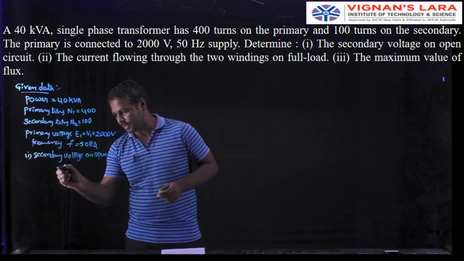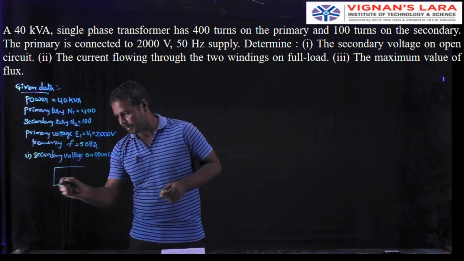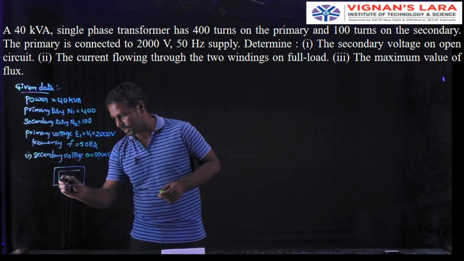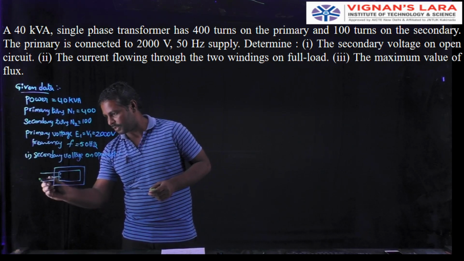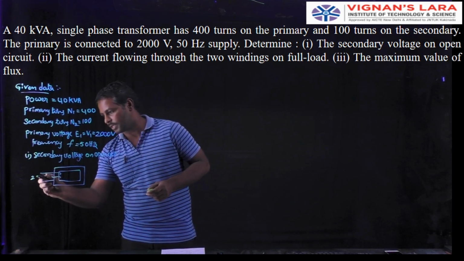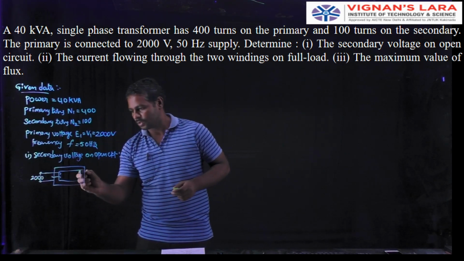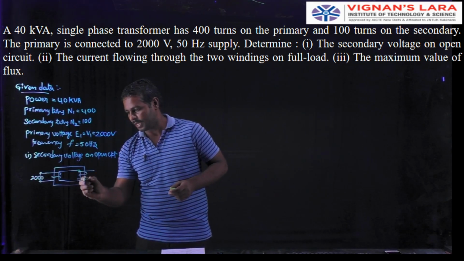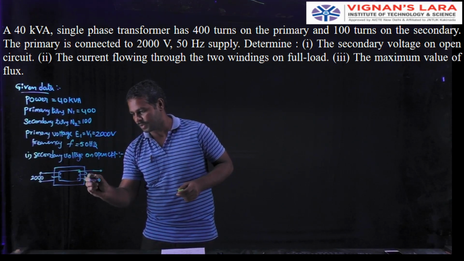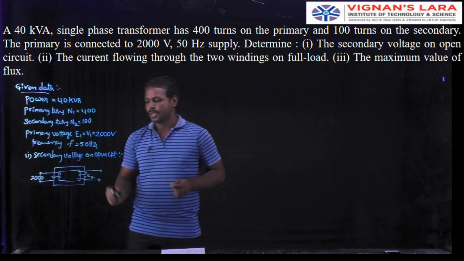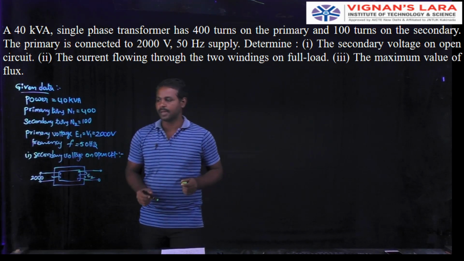Here we are assuming a magnetic core which is directly connected to 2000 volts. Then we can find the secondary voltage, because these two terminals are open circuited, which is equal to E2. So the E2 voltage is calculated.